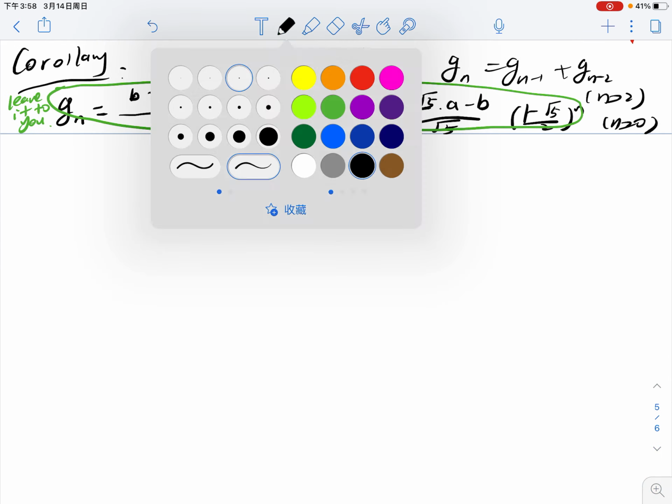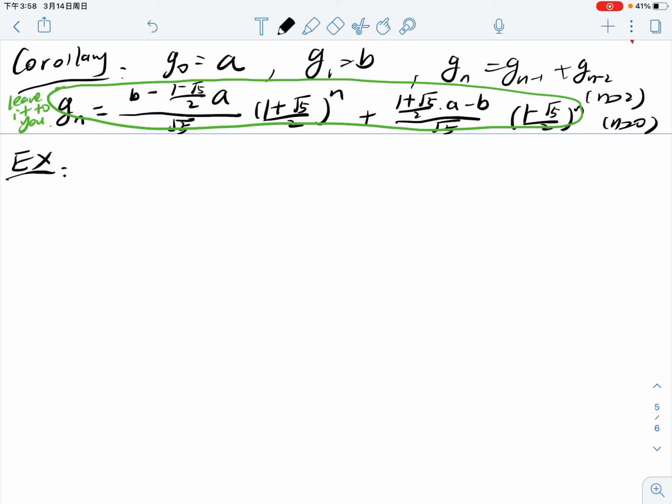Okay, next, we would like to give some combinatorial explanation for the formula or for the relations.